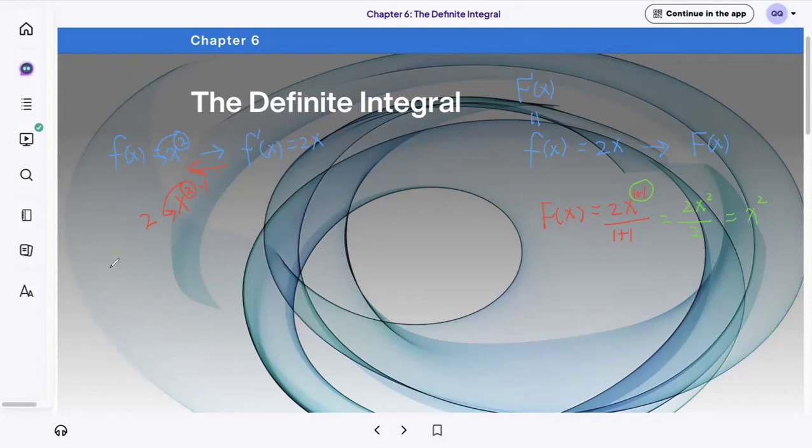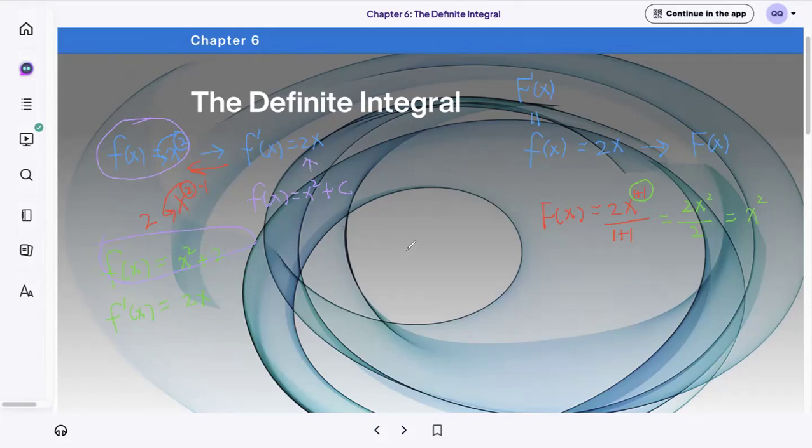But now, let's say another function. Let's say I have f of x equals x squared plus 2. When I differentiate, f prime of x also equals 2x, because the derivative of 2 is 0. So both functions have the same derivative. For x squared, or x squared plus any number, the derivative will be the same.